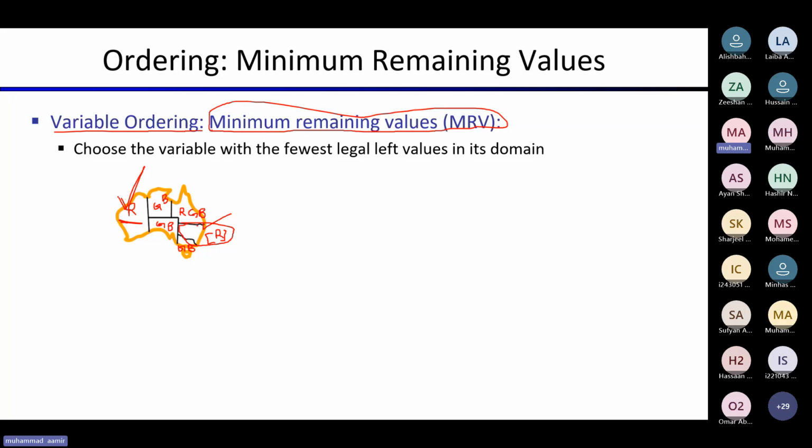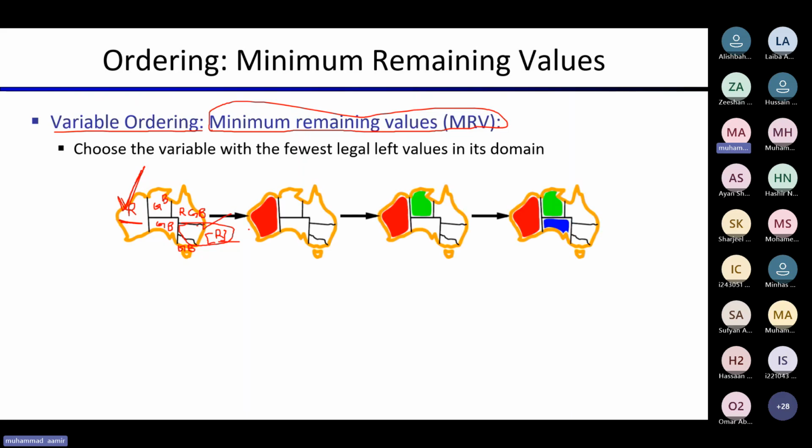If we assign the red value to this state, the domain of this variable will change. We will have other options, green and blue. So, very simple thing, variable ordering: for selecting the variable, we select the one which has the minimum remaining values.